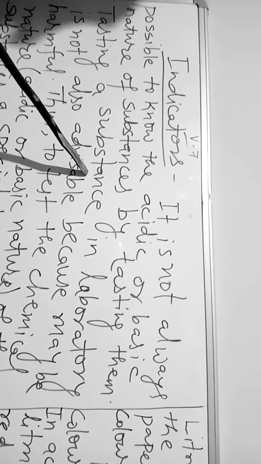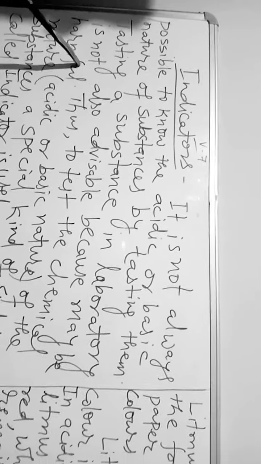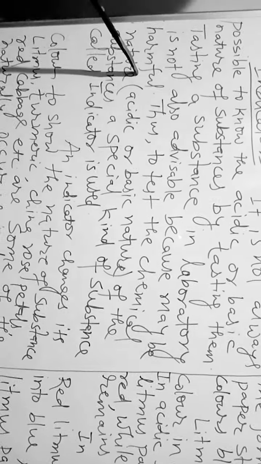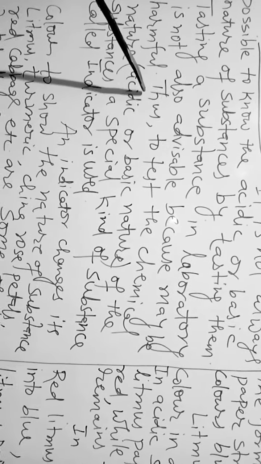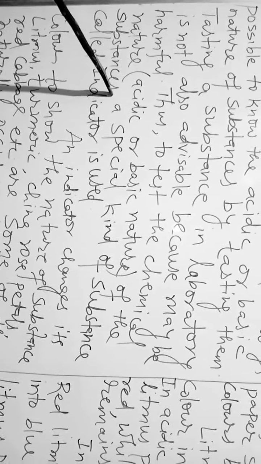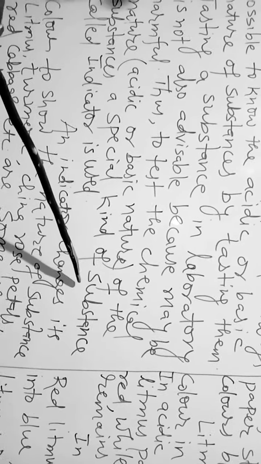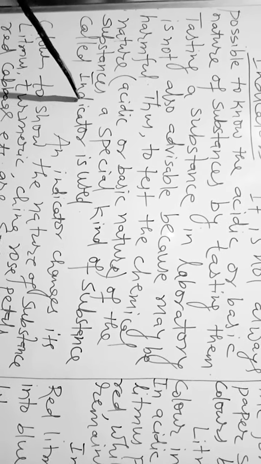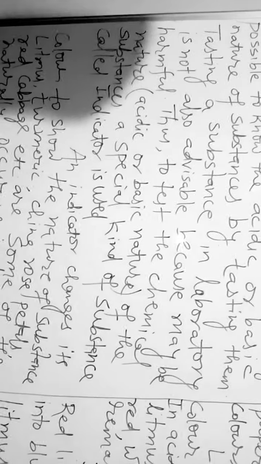Testing a substance in the laboratory is also not advisable because it may be harmful. So what can we do? To test the acidic or basic nature of substances, a special kind of substance called an indicator is used. An indicator changes its color to show the nature of the substance.